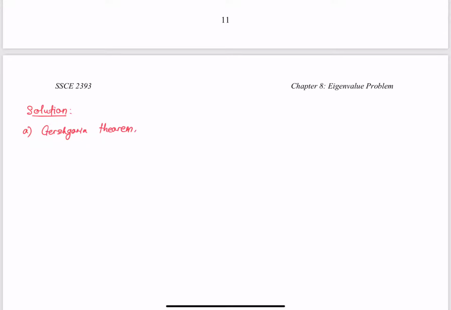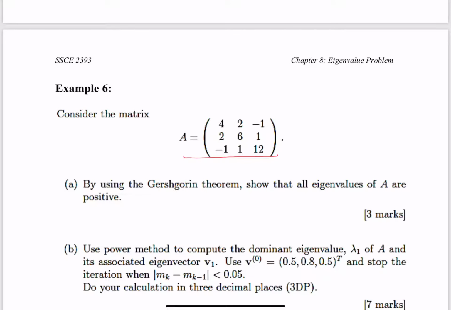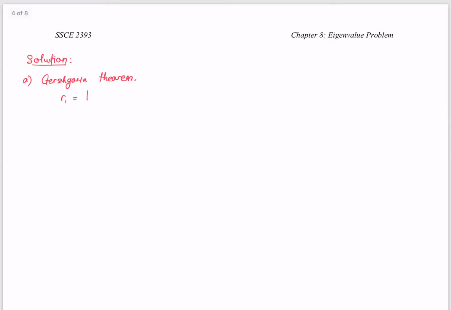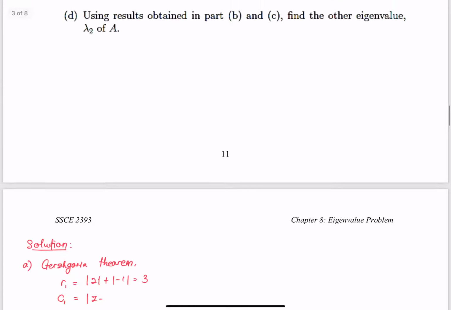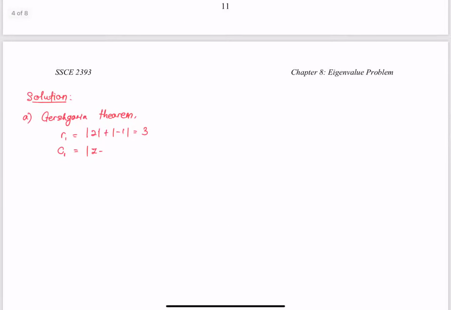By using it, we get the radius R1 equal to the absolute values of the elements in the first row, 2 plus absolute of -1, which gives 3, while the center C1 is |z minus 4|, the diagonal element in the first row, and it must be less than or equal to 3.